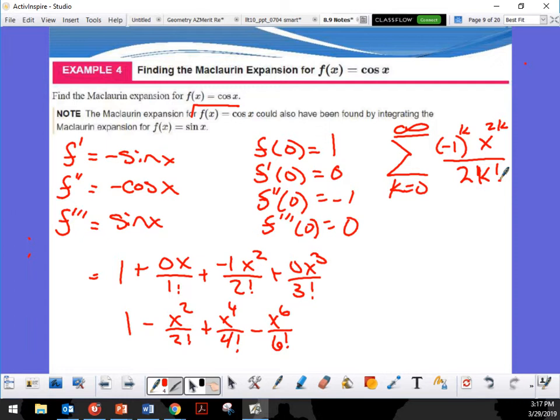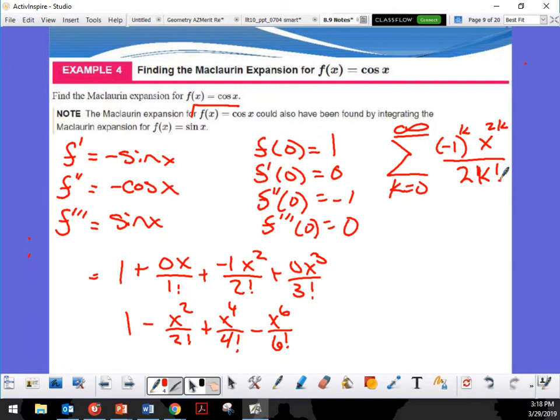What do we got to try and do now? Start plugging in to see what we get, okay? So now for k equals 0, negative 1 to the 0 is positive 1. x to the 0 is 1. Okay, and 0 factorial is 1. So I get 1, there's my first term.